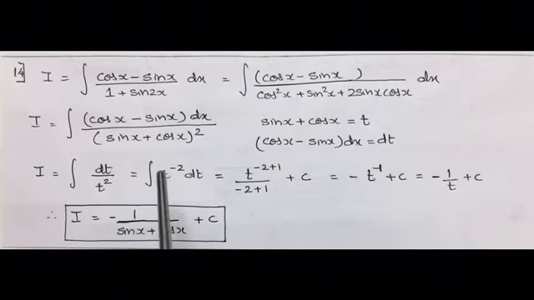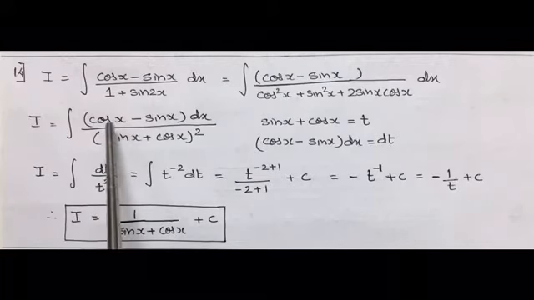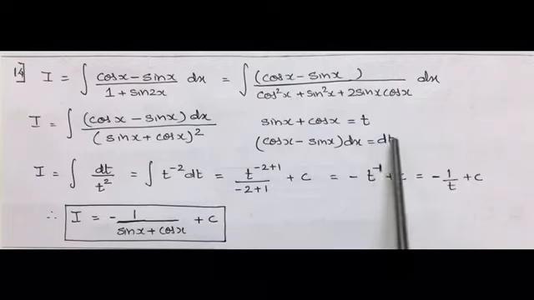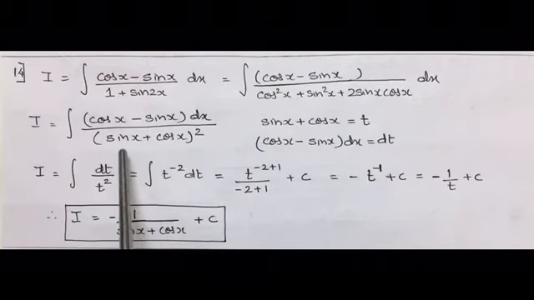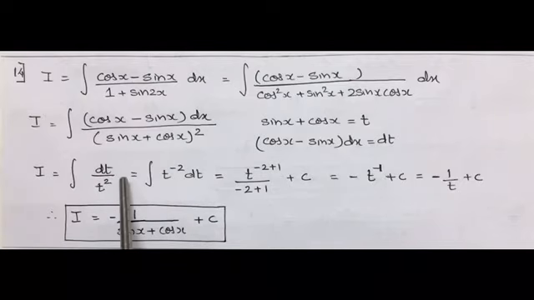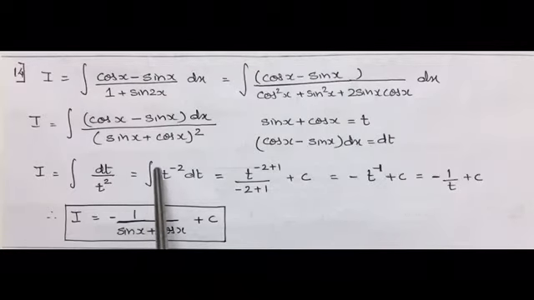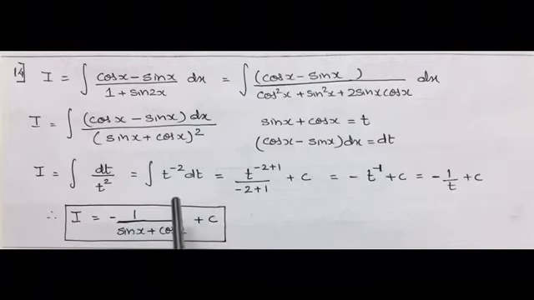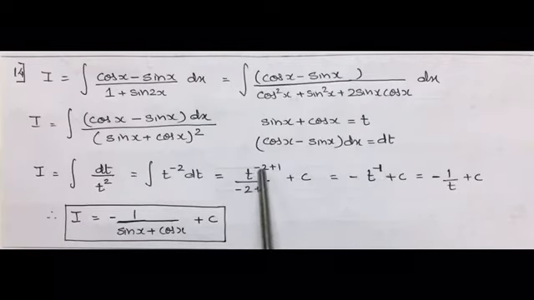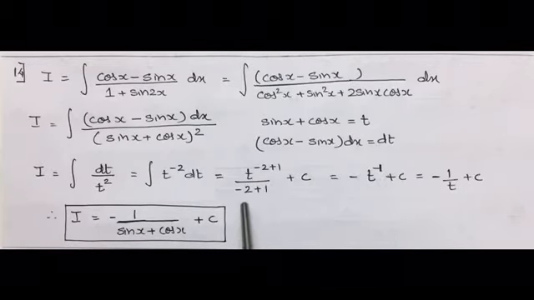Now taking up the integration, cos x minus sin x dx as dt, and downside assuming it as t square, we get integration t raised to minus 2 dt, and integration of t raised to minus 2 becomes t raised to minus 2 plus 1 upon minus 2 plus 1 plus c.